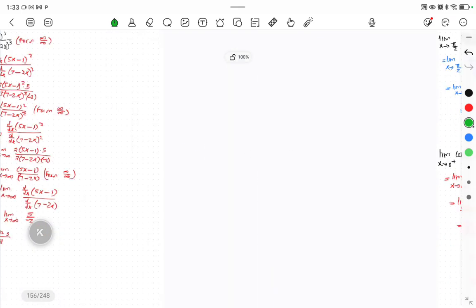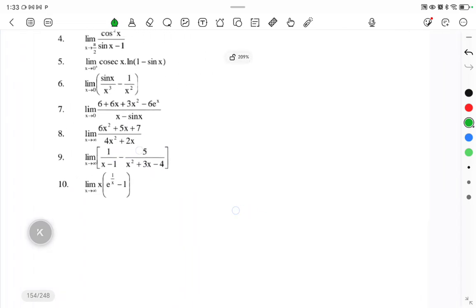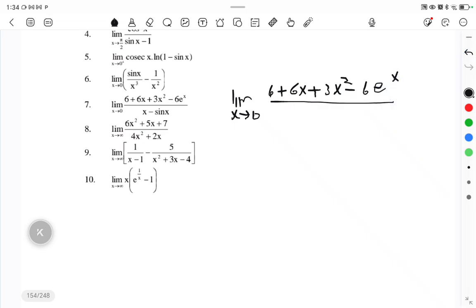So now we come to 7. When we come to 7, we have the limit as x approaches 0 of 6 plus 6x plus 3x squared minus 6e to the x all over x minus sine x.